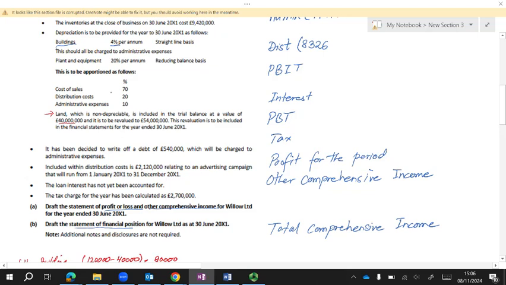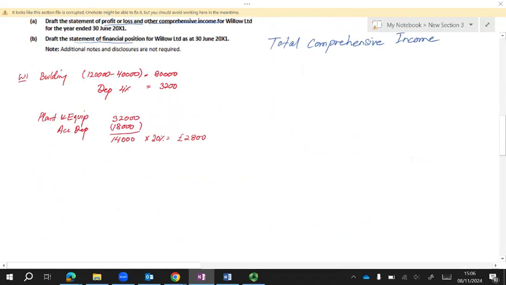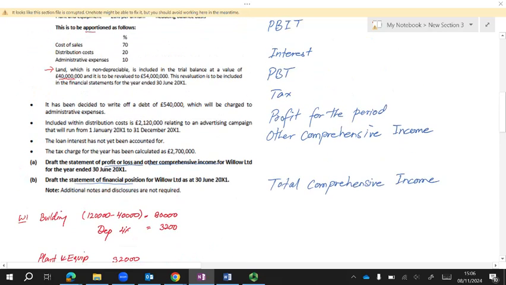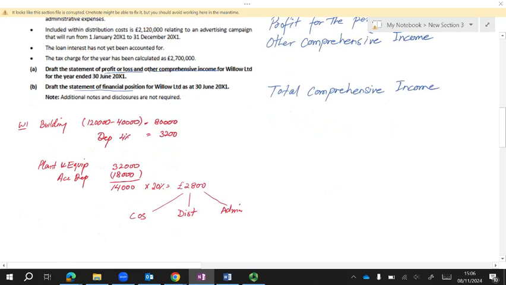Below that, I have been given information that this depreciation on plant and equipment should be distributed among cost of sales, distribution, and administration, in the proportion of 70, 20, and 10.